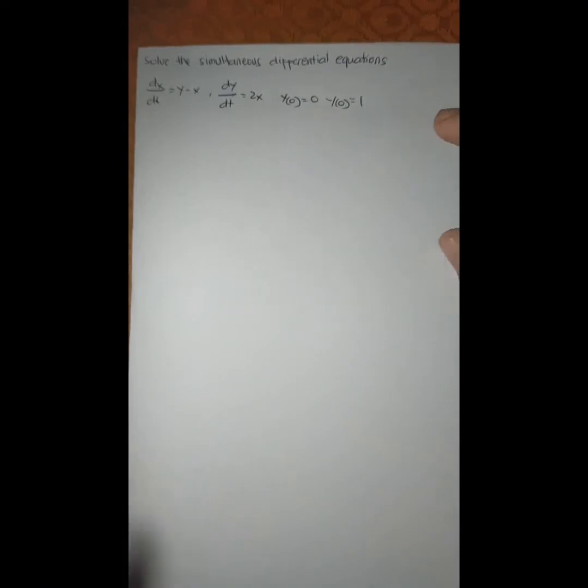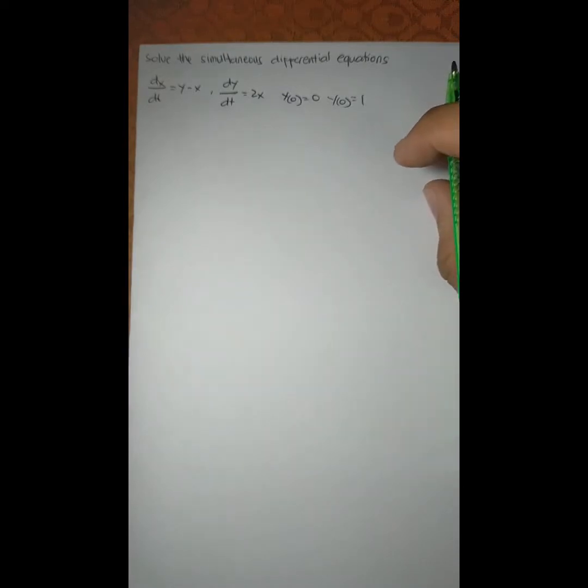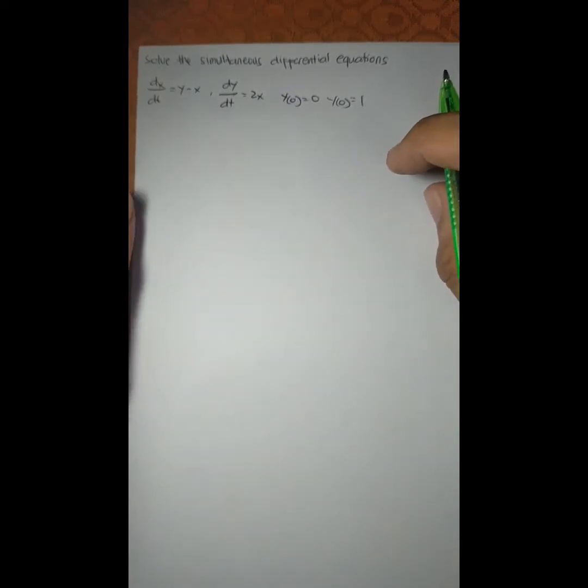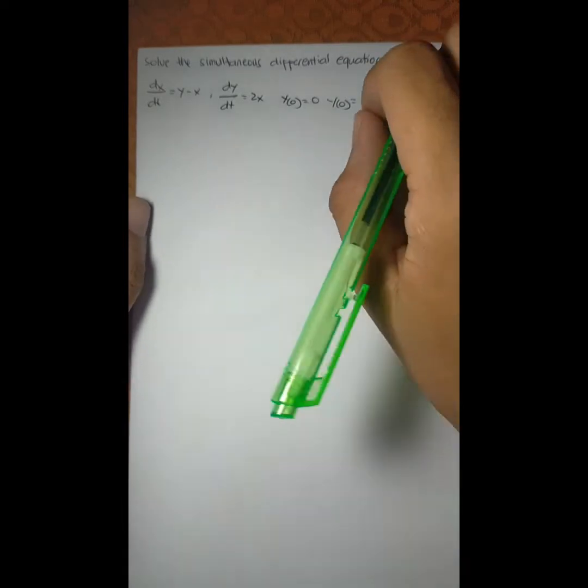Last problem, we have to solve the simultaneous differential equations, which are dx over dt is equal to y minus x, and dy over dt is equal to x, where x(0) is equal to 0 and y(0) is equal to 1.